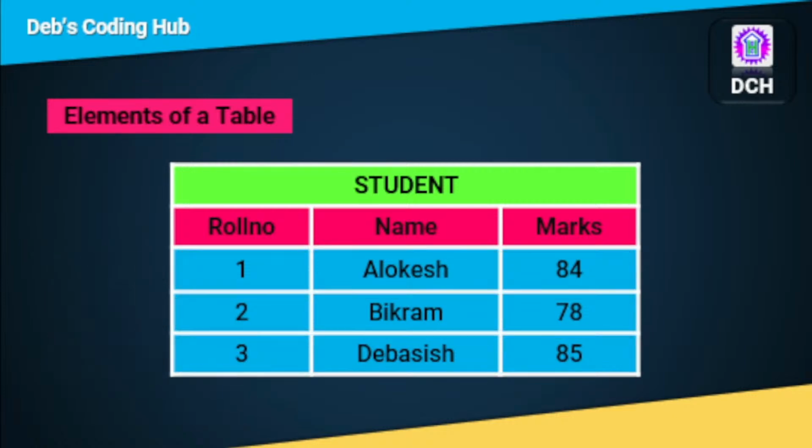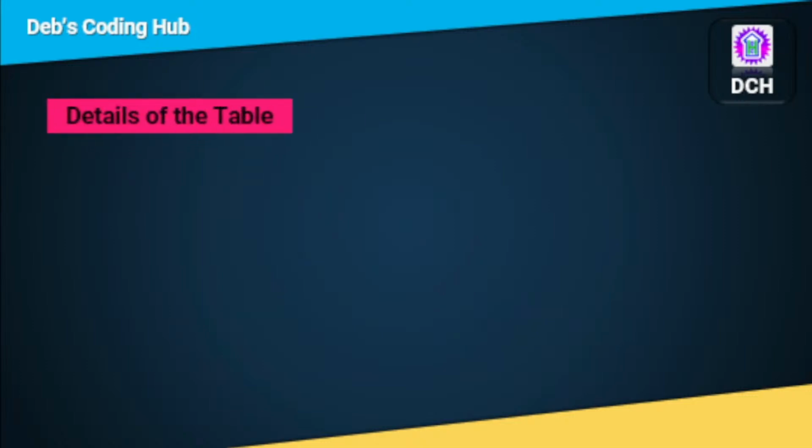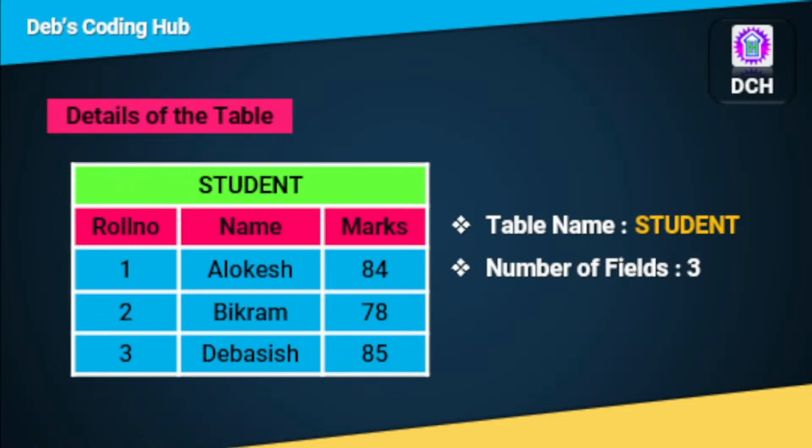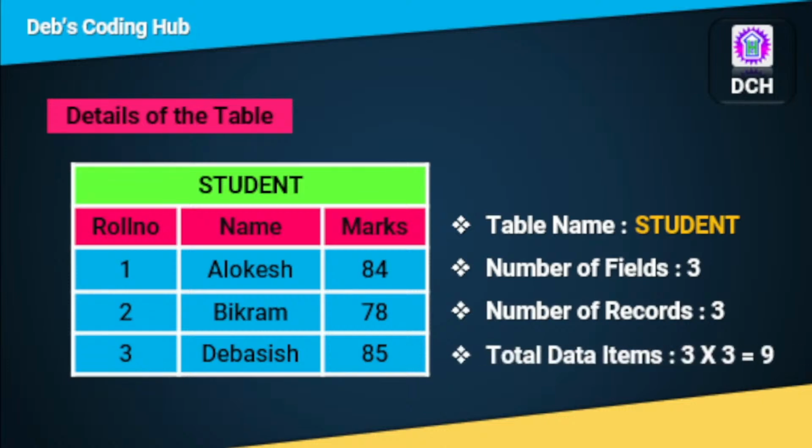So let us see more details of the table. Let us find what is the name of the table. The name of the table is student here. Number of fields is 3, because roll number, name and marks are the 3 fields. Number of records: record 1, record 2, record 3, so 3 records. And total data items will be number of rows into number of columns.